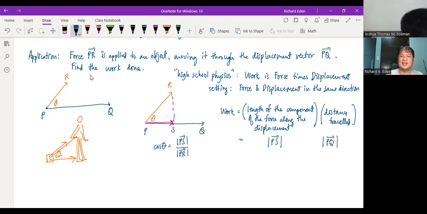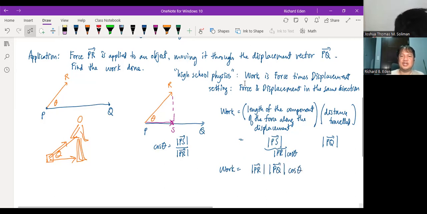All right. Typical SOH-CAH-TOA. Therefore, this allows us to rewrite the length of PS as the length of PR multiplied by cosine theta. And so now the work done is equal to the following: the length of PR, multiplied by the length of PQ, multiplied by the cosine of the angle theta between them.